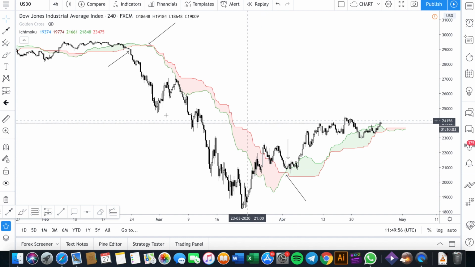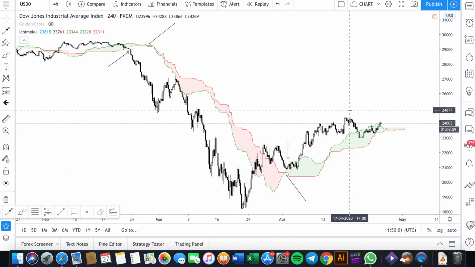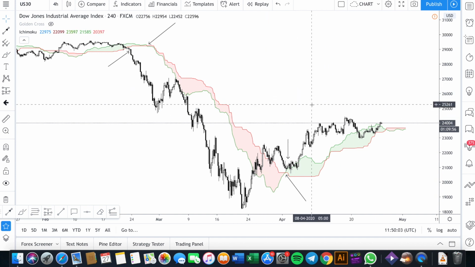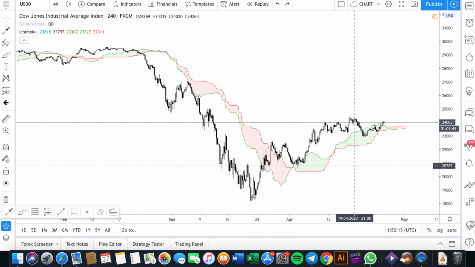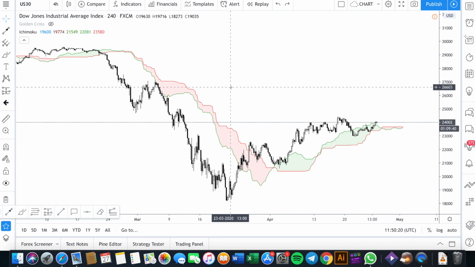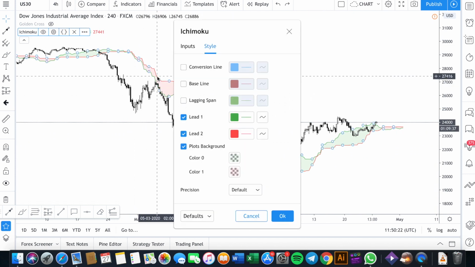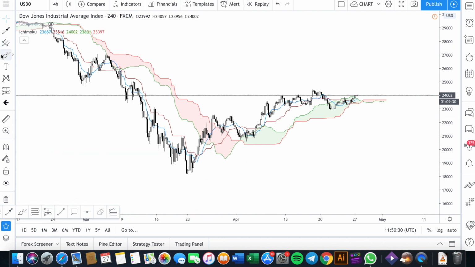So, as a recap, we use the cloud to identify the overall trend and establish a trading bias. Once the bias is established, we traders will wait for a correction when prices cross the baseline, and the actual signal triggers when prices cross the conversion line to signal an end to the correction.